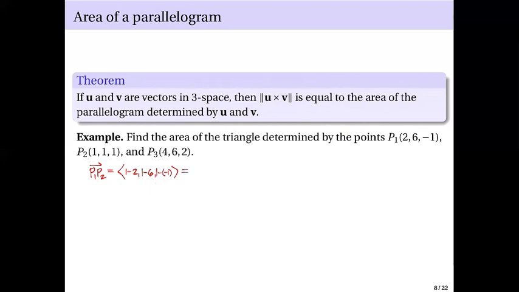And this is negative 1, negative 5, and then 2. And then next, you have P1, P3. So it's 4 minus 2, 6 minus 6, 2 minus negative 1.